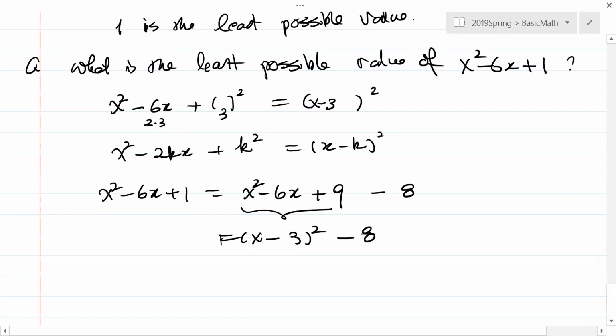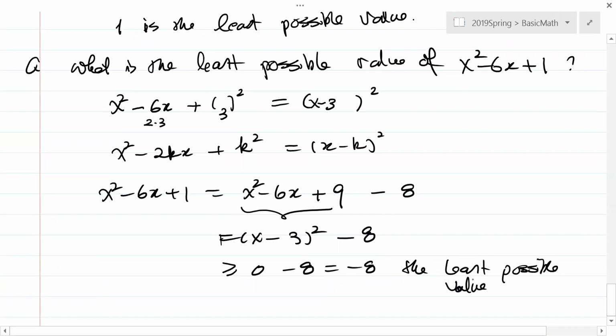Okay, x minus 3 squared cannot be negative. It's always greater than or equal to 0. So negative 8 is the least possible value.